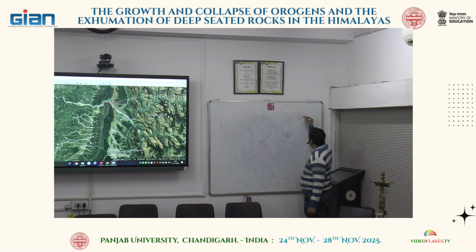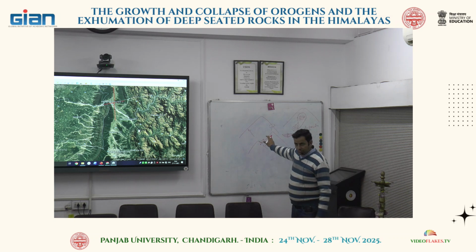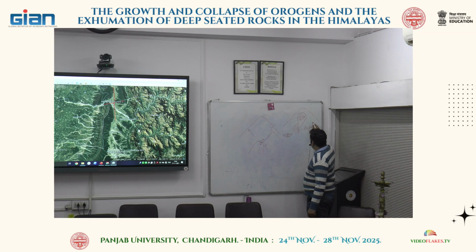All the rock may fall and it will make a deposit in front of this. So this is maybe a rock avalanche, so it will have a lot of material just in front of this. And sometimes this can cause damming, and it can break suddenly and cause a lot of disaster.